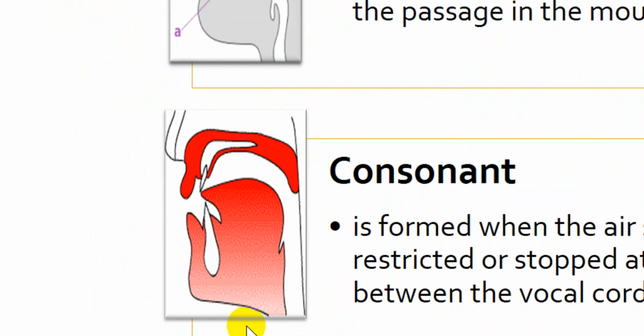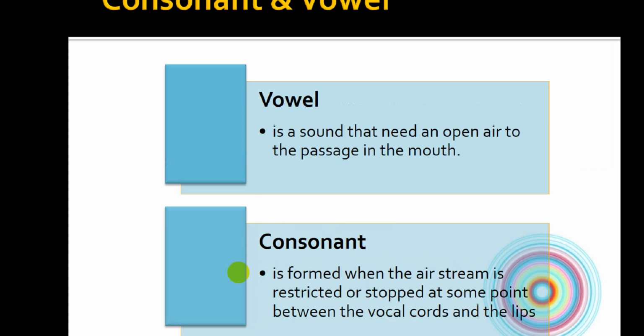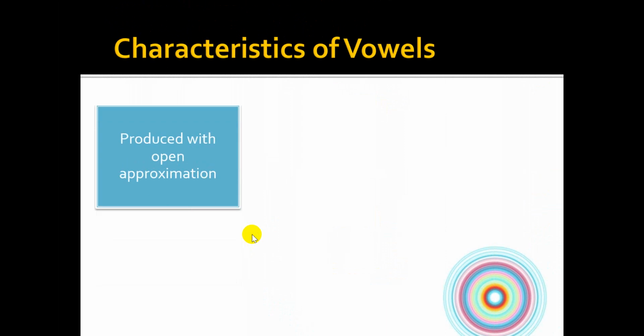But in a consonant, there must be restriction or stoppage. Because there is no restriction or closure in the mouth, a vowel is produced with open approximation, or relatively open.